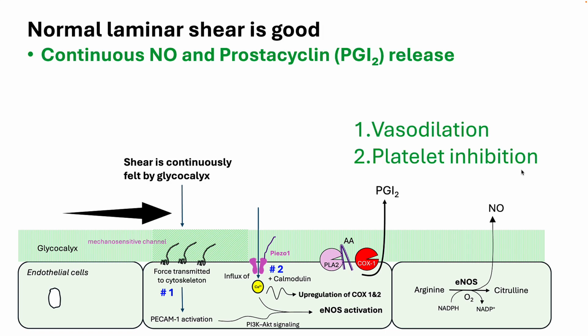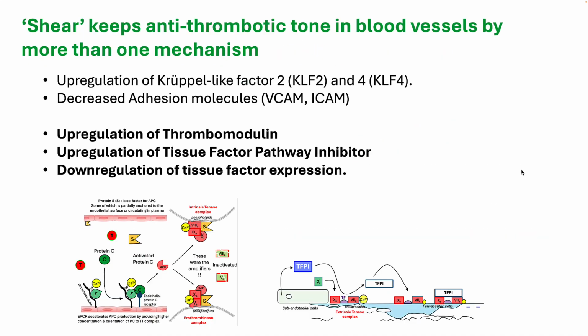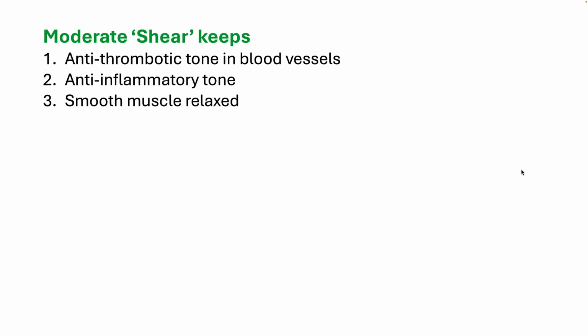This results in a continuous production of nitric oxide and prostacyclin. Both of them cause platelet inhibition and vasodilation. There are many other mechanisms by which shear keeps the antithrombotic tone in the blood vessels. So the bottom line is moderate shear keeps antithrombotic tone, anti-inflammatory tone, and keeps your smooth muscle relaxed.